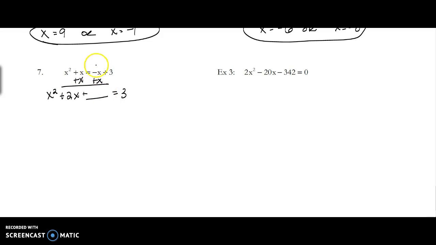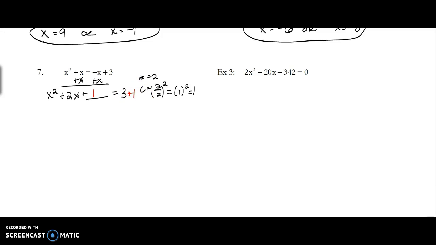Okay, so if we have our like terms and they're on both sides, please put them together and just make that constant alone on the right-hand side. So if we said b is 2, our c value is going to be 2 divided by 2 squared, which is 1 squared, or just 1.